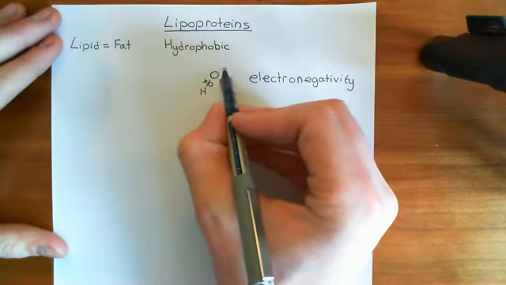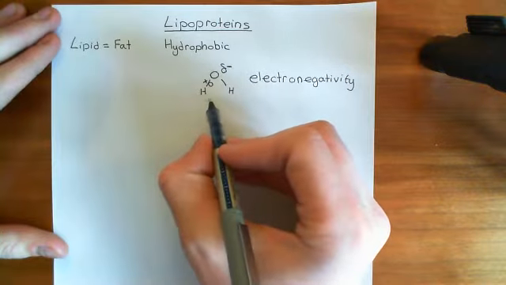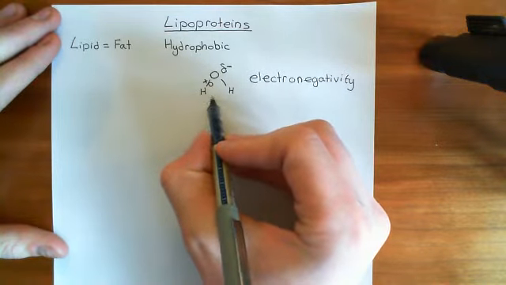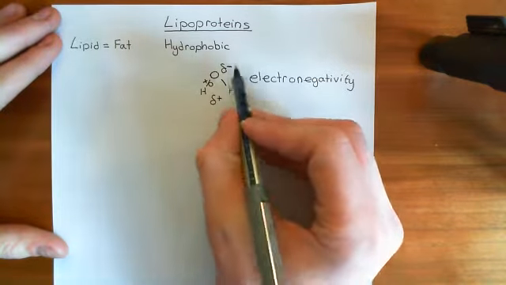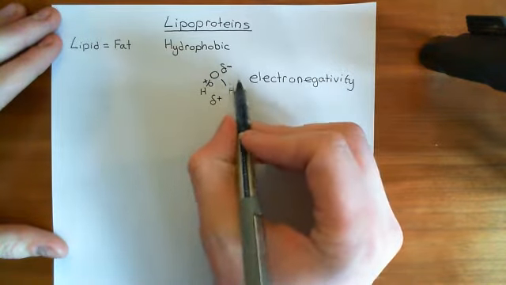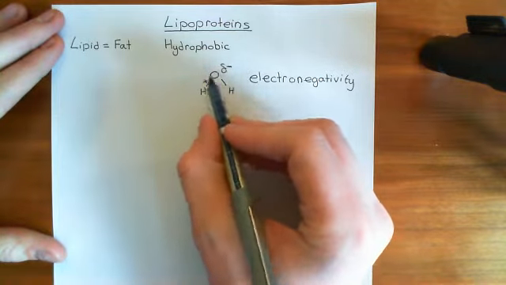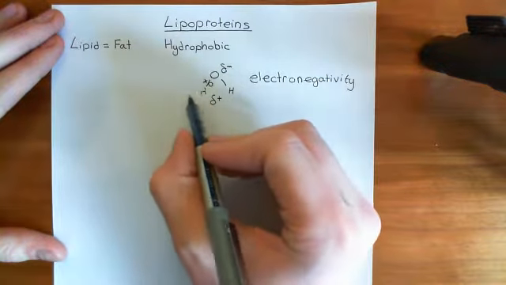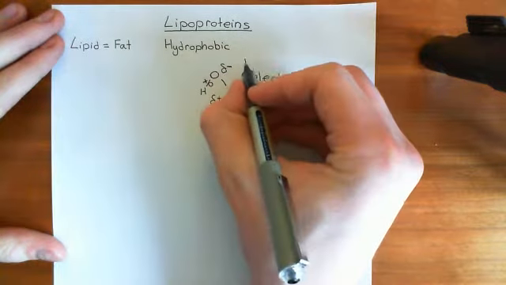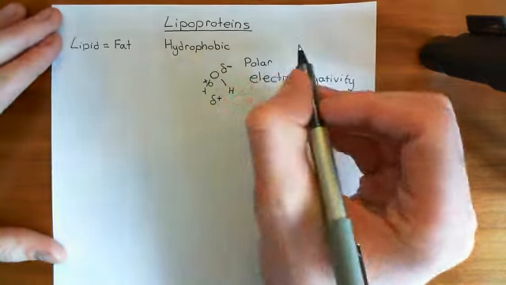So the oxygen atom gains a partial negative charge and the hydrogen atoms gain a partial positive charge. And this is what is meant by people saying that water has a very polar structure. Because of this uneven distribution of charge, you have a negative side over here and a positive side over here. So you have 2 poles of the molecule, and you would call it a polar molecule.